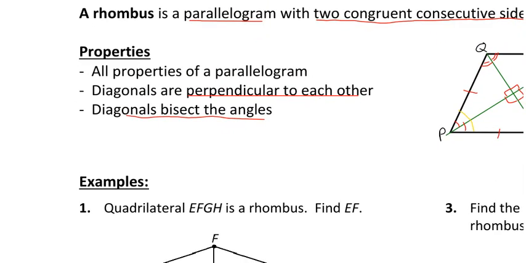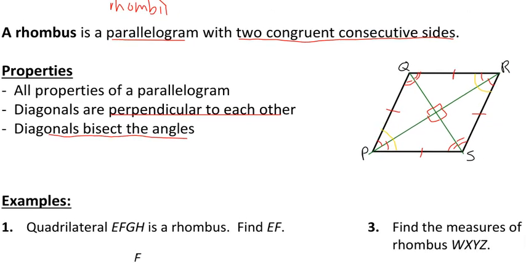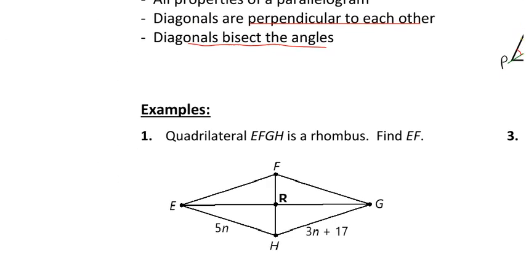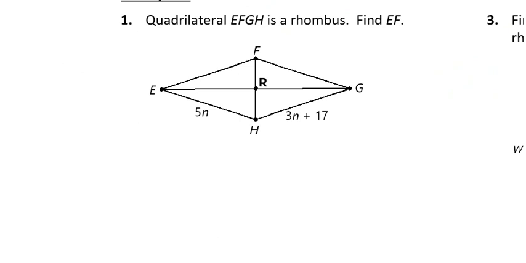But we have from the definition that any two consecutive sides are congruent, and because it is a parallelogram, we end up with all four congruent sides. So we know that in a rhombus, all the sides are congruent. So here, I can actually write an equation using any two sides, especially these ones, which are the consecutive sides and therefore will be congruent.